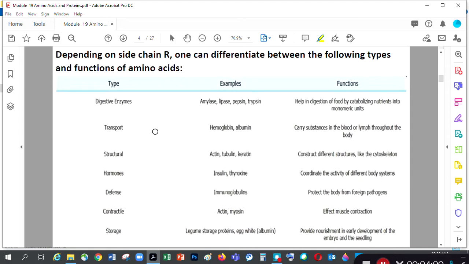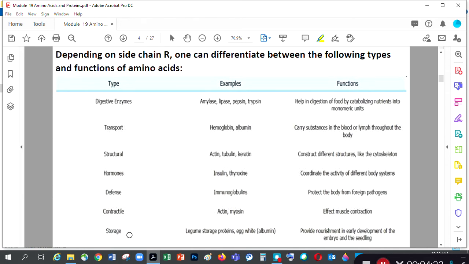For transport, we have hemoglobin, myoglobin, and albumin. Hormones include insulin and thyroxine. For defense, we have globulins.